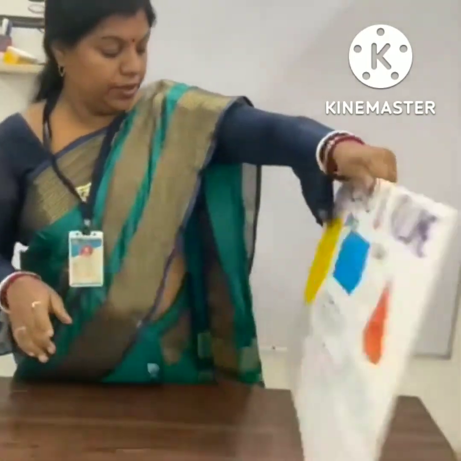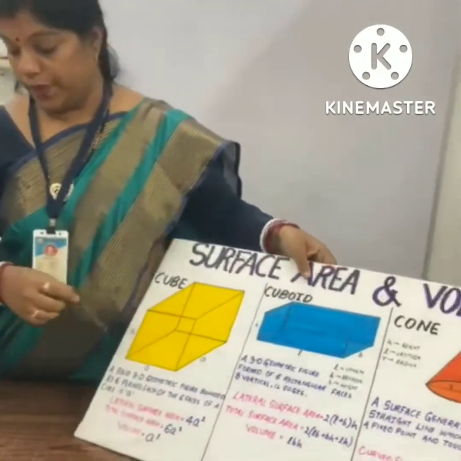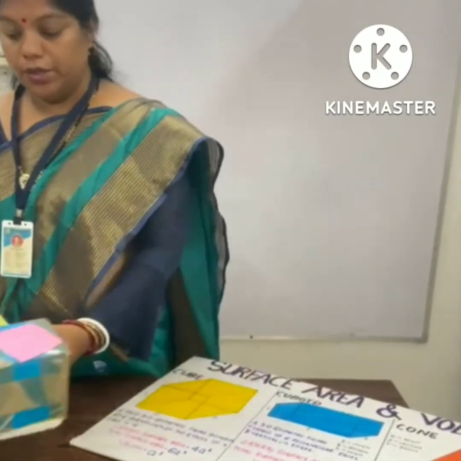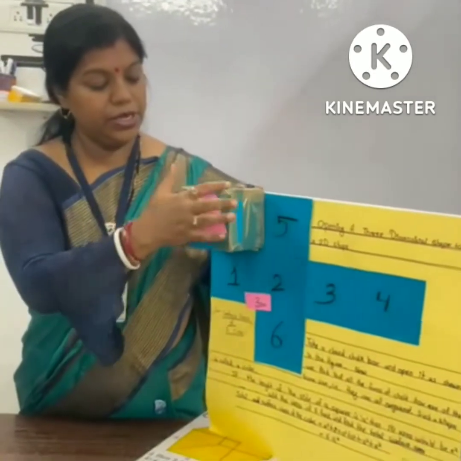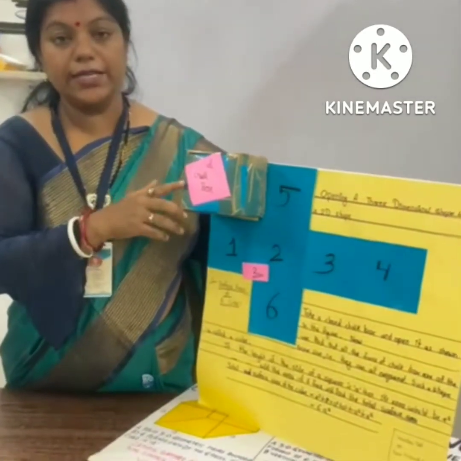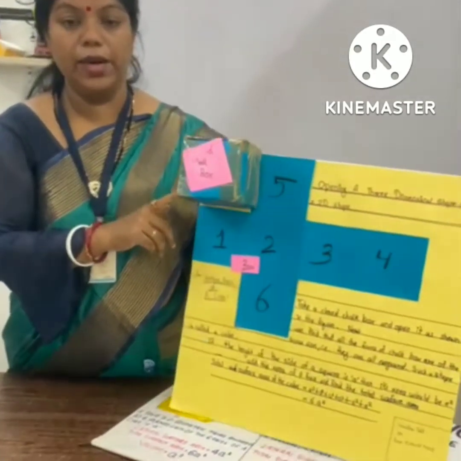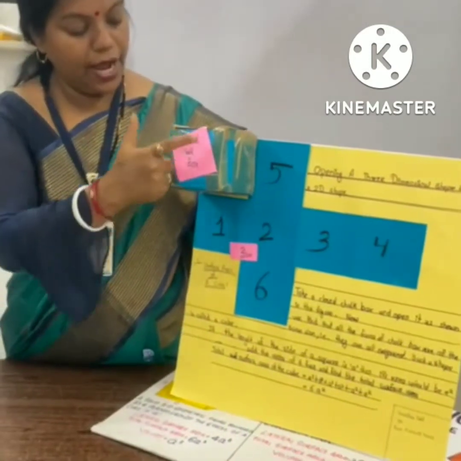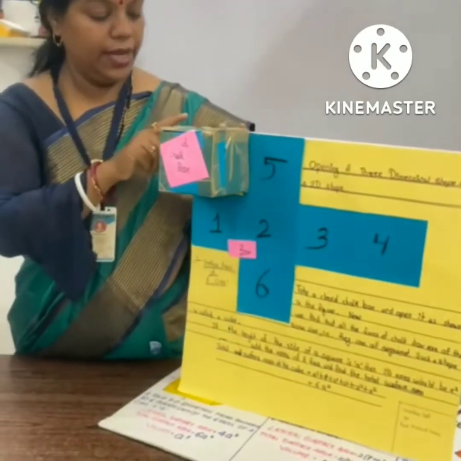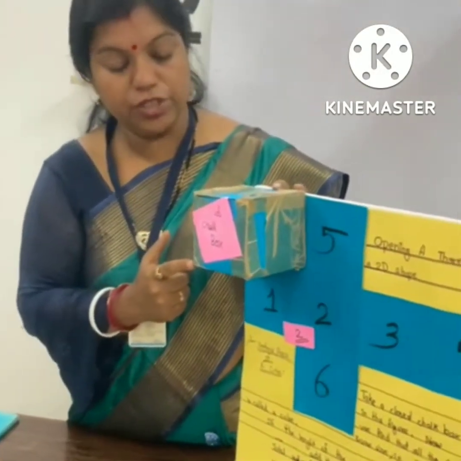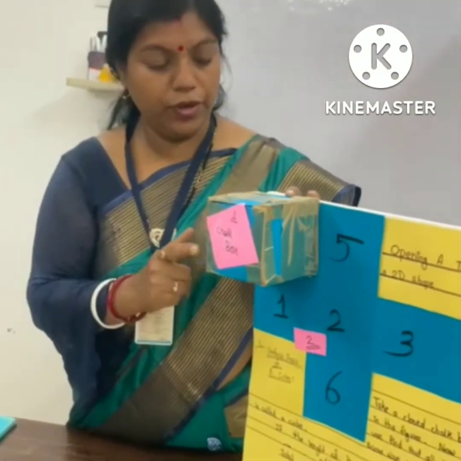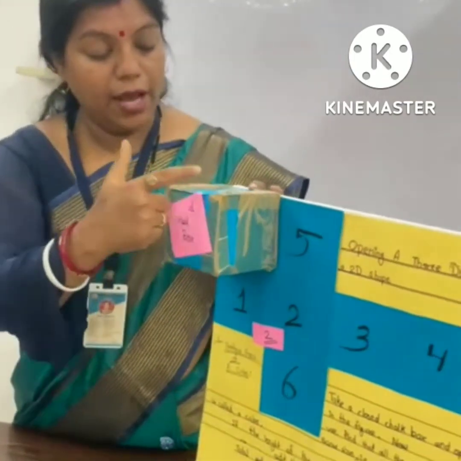Here we will deal with the cube. So what is a cube? This is the structure of a cube. It is a three-dimensional shape having equal length, equal breadth and equal height. The points are called the vertices of a cube, and the sides are edges.